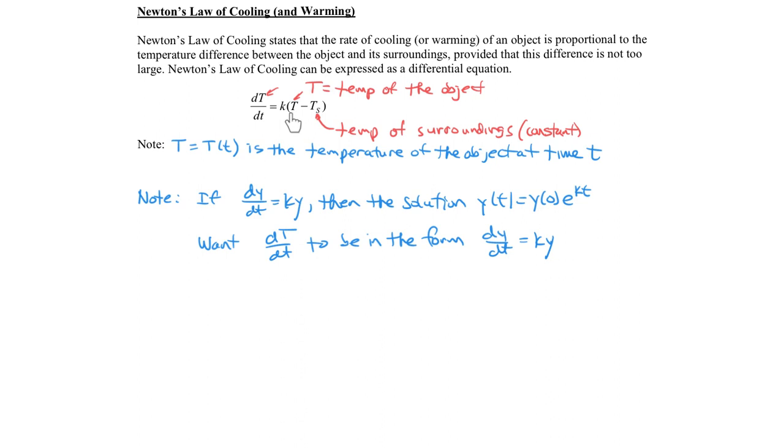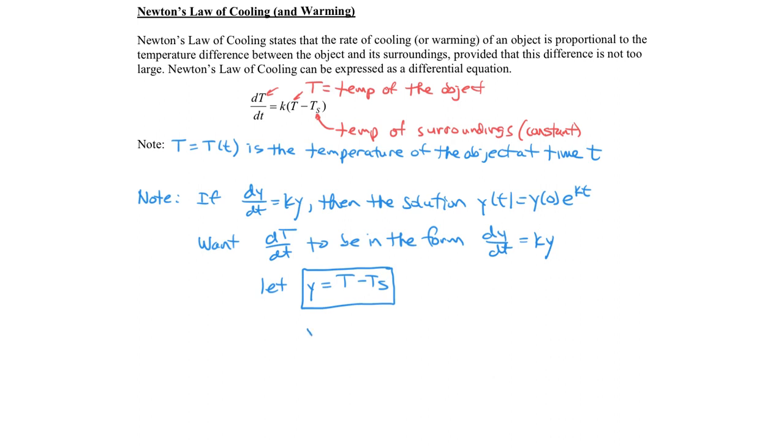We're going to let this difference just be y. We're just going to say, let y equal T minus T sub S. This is going to be part of our solution to these differential equations.